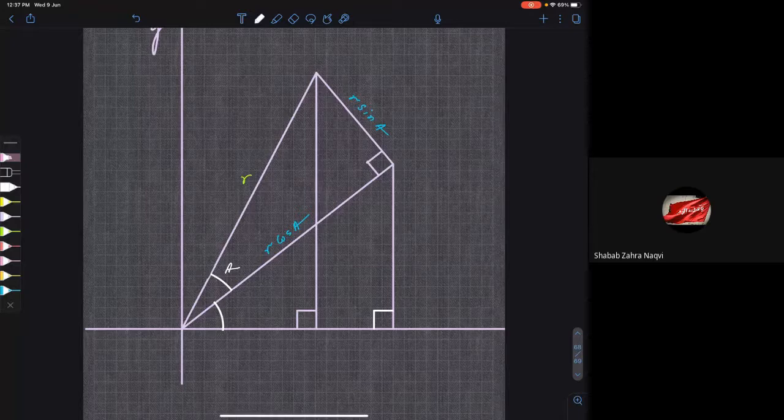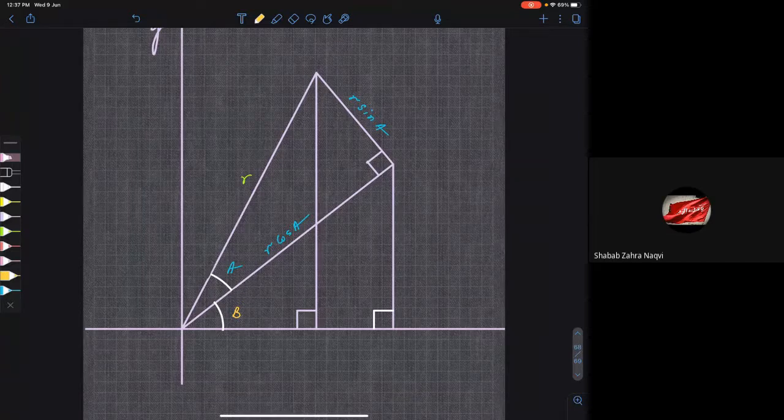Now let me put that angle as A in blue color so that you'll understand that blue color stands for A. Okay. Now let me take another color. Say this is angle B. Now when I take this angle as B, what will be the horizontal side now?